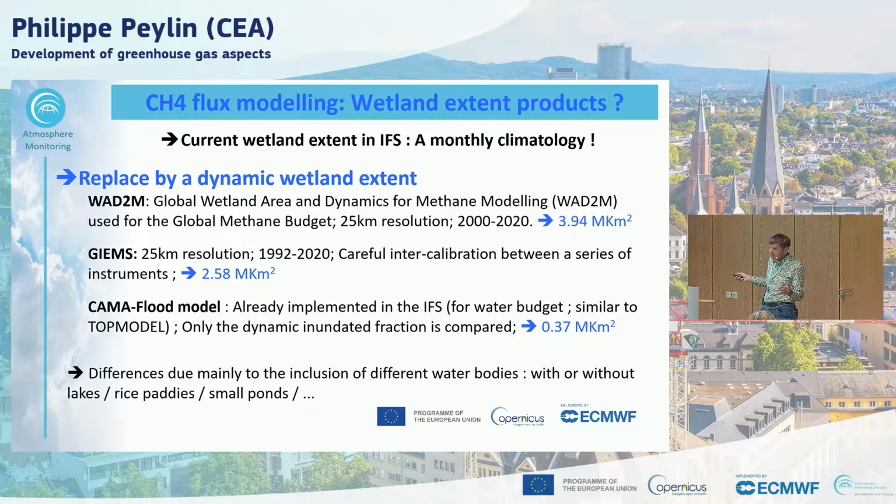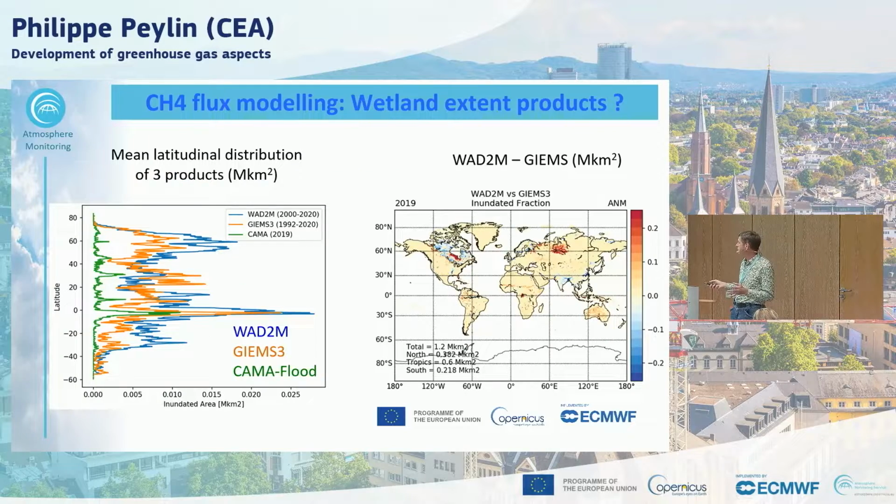The differences are mainly due to the fact that, for example, WAD2M considers subgrid scale features compared to the satellite observation, little ponds or wetland areas, while it does not consider rice paddies, and CaMa-Flood only considers the inundated areas.